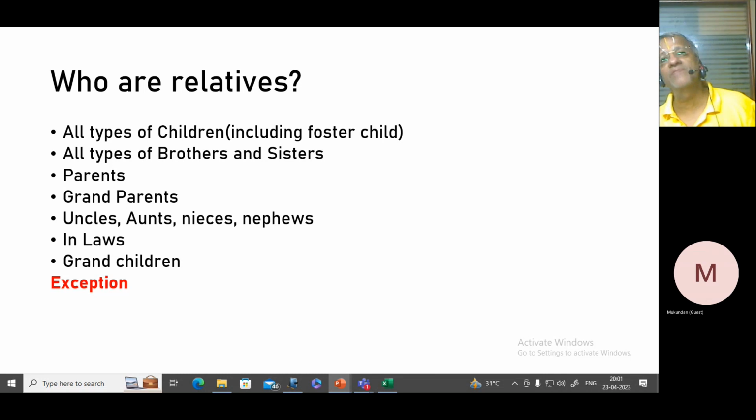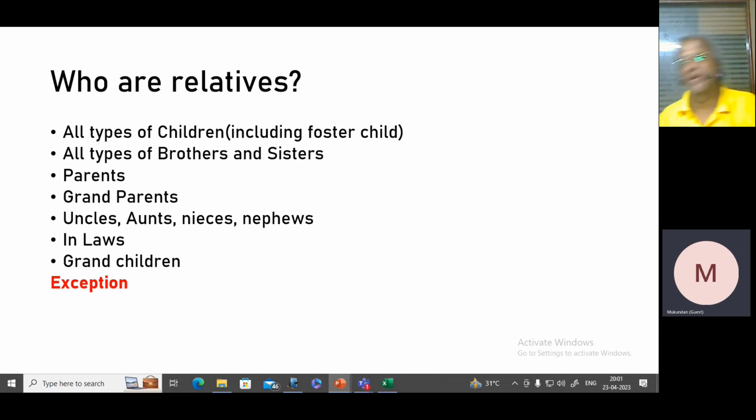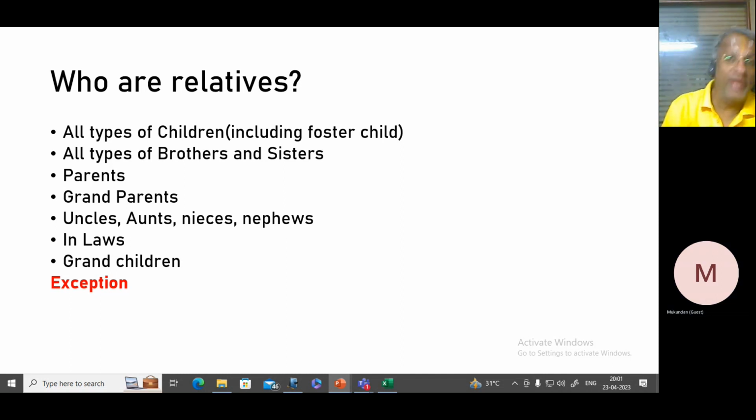See, whenever we have an exception in one particular place, foster, you had no foster child. Where was that foster child there? Any idea? Qualifying widow. Correct. So here also we have foster, but not foster child: foster parents and cousins.